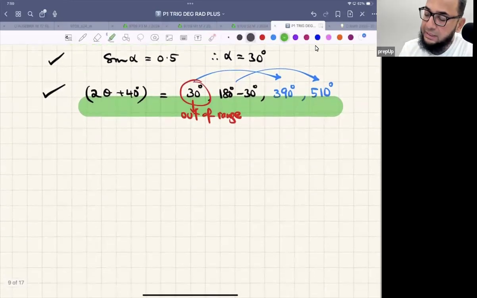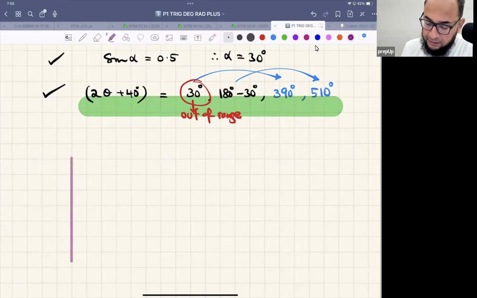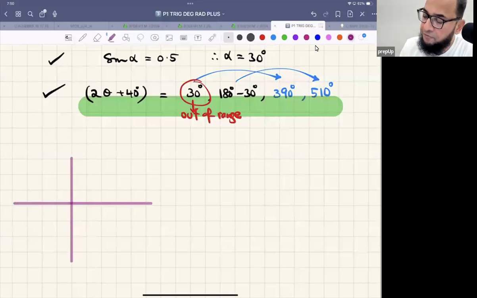So let me show this on the grid. That is the y-axis, that is the x-axis, that is the first angle which is right over here. Over here I'm drawing a diagram so that it's easier for you to understand. So this is 30 degrees.